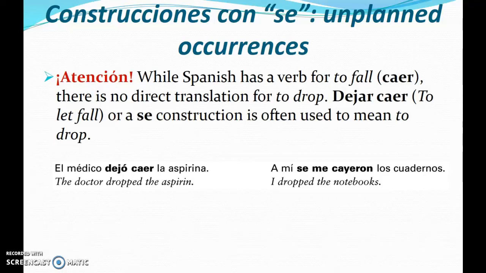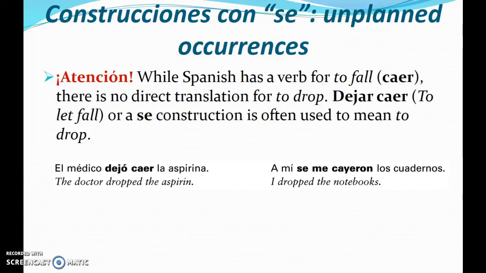So something like el médico dejó caer la aspirina. So the doctor dropped the aspirin. And now you're giving responsibility onto the doctor. But if you said something like al médico se le cayó la aspirina, now he's the one that's being affected, but it's the aspirin that fell.